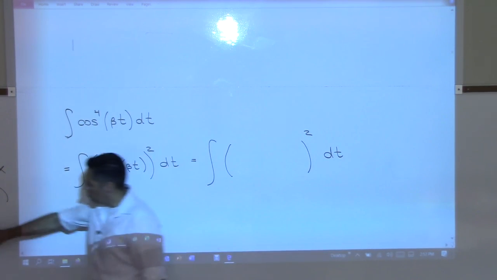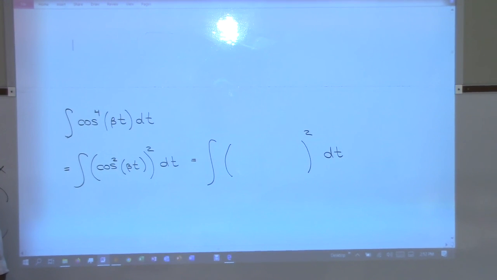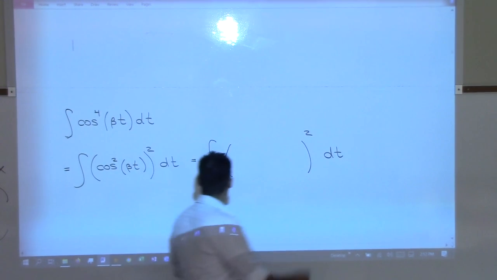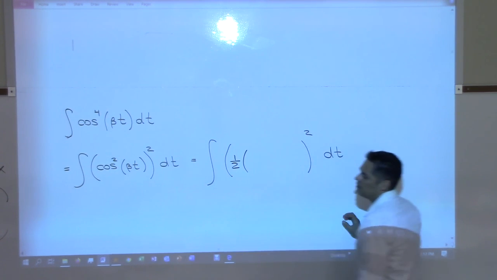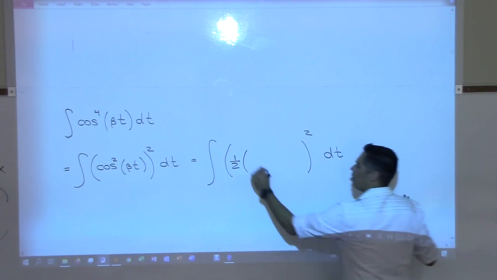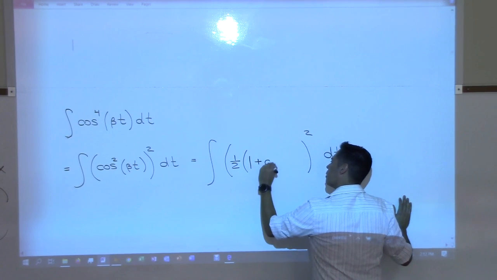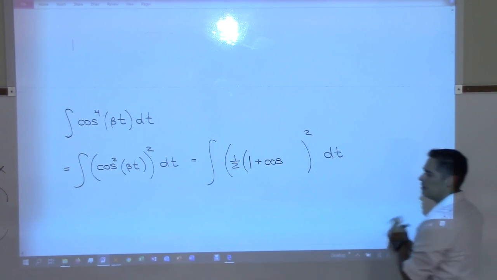And I told you I don't like this one. I like to use this one right here. So that should become what? 1/2, and then another parenthesis, 1 plus cosine 2.